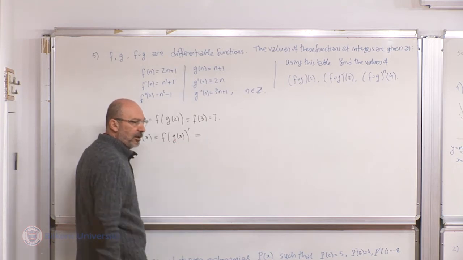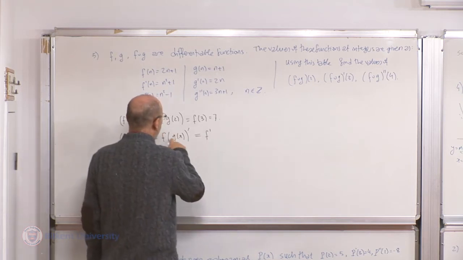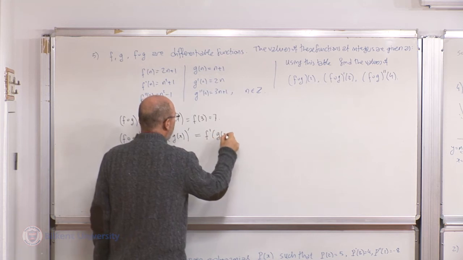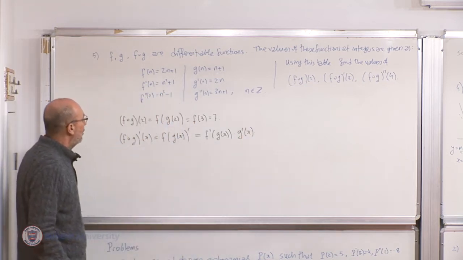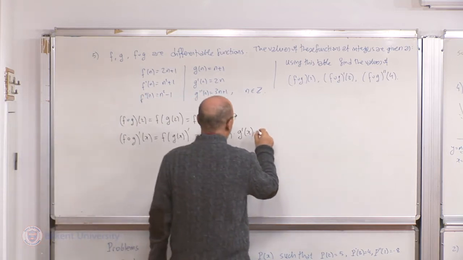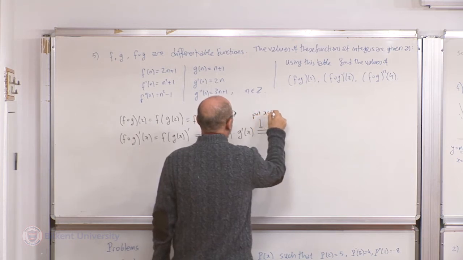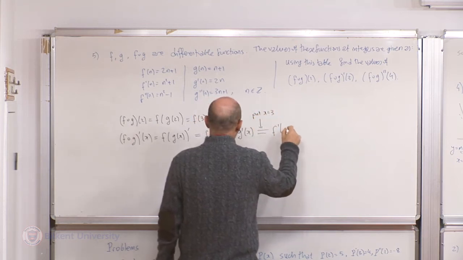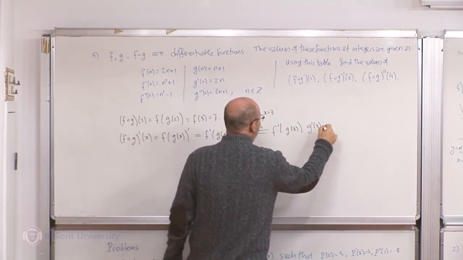Of course, you evaluate them at the reasonable points. F prime evaluated at g of x times the derivative of inside, which is g prime x. Okay, so this is the formula. Now put x equals 3. So you have f prime of g of 3 times g prime of 3.